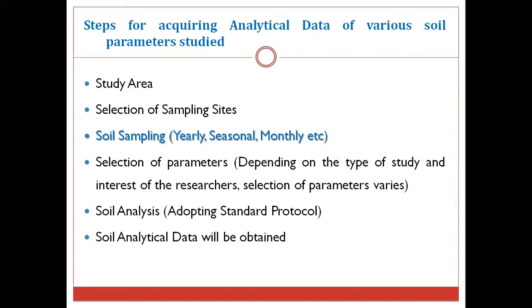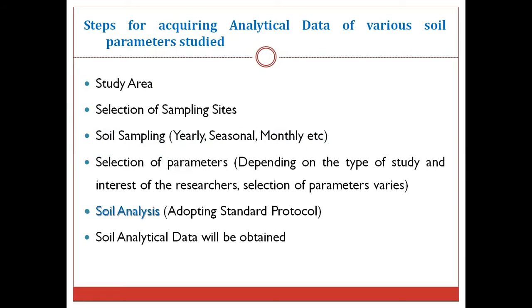Sample collection will be carried out following the standard protocol of collection. Then the soil parameters to be analyzed are selected. However, depending upon the type of study and the interest of the researcher, selection of parameters varies from one study to the other.